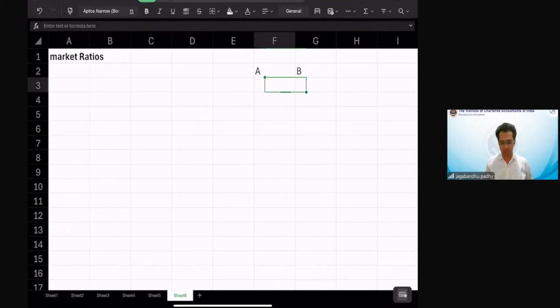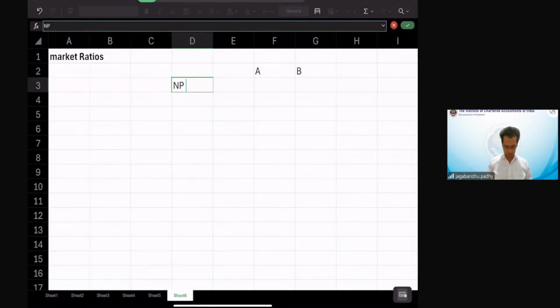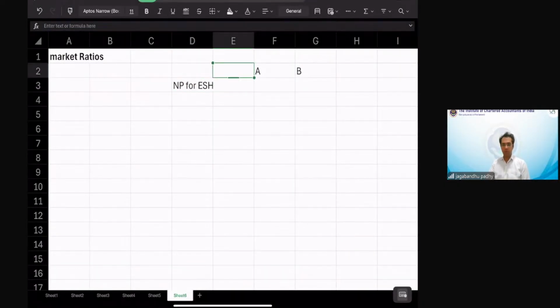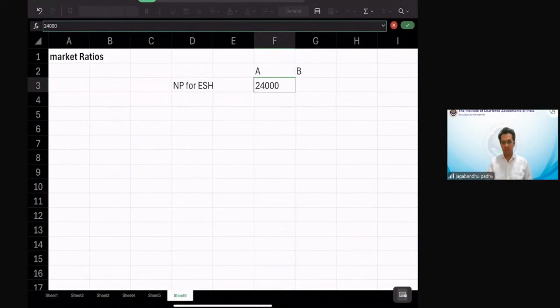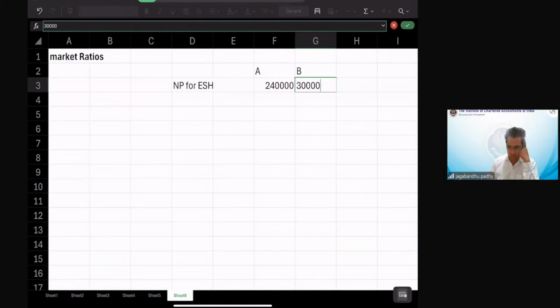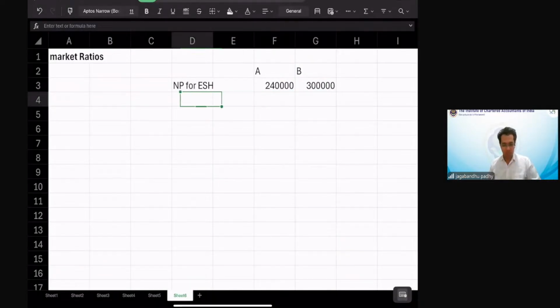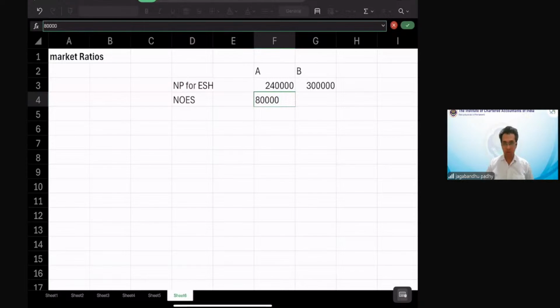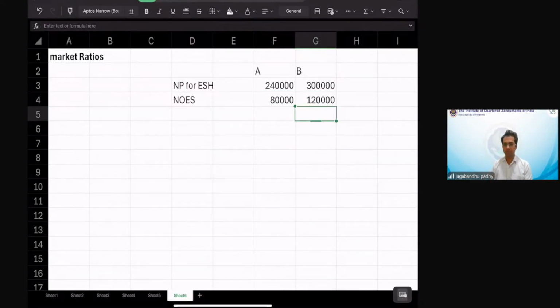We have two companies, let's say A and B. Net profit for equity shareholders, let's say 2,40,000 for A and 3 lakh for B. Then we have the number of equity shares as 80,000 and 1 lakh 20,000.